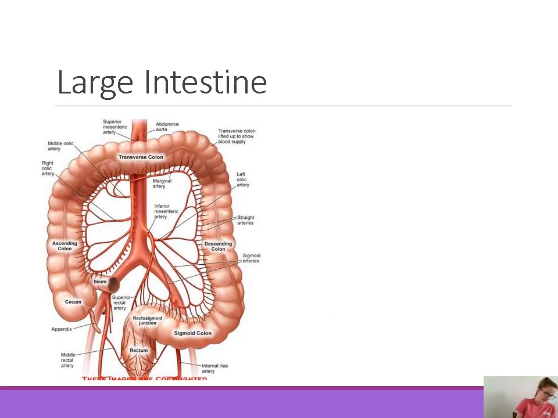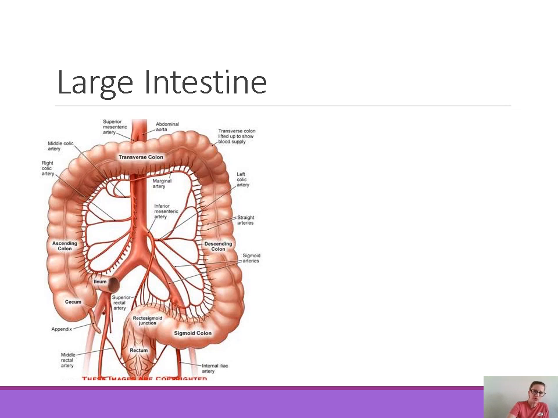Here you can see the blood supply going to the colon in general. Remember, this is coming from both the superior mesenteric artery and the inferior mesenteric artery.